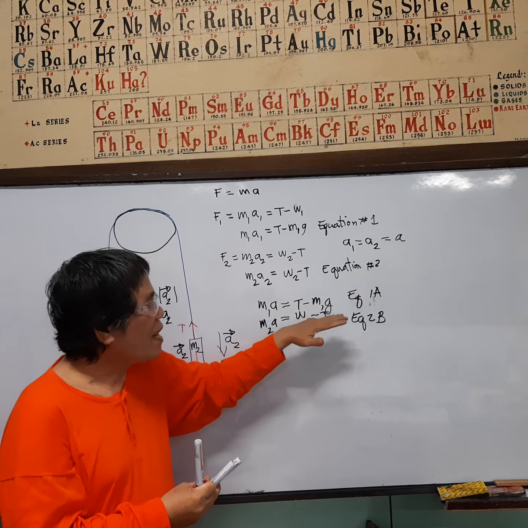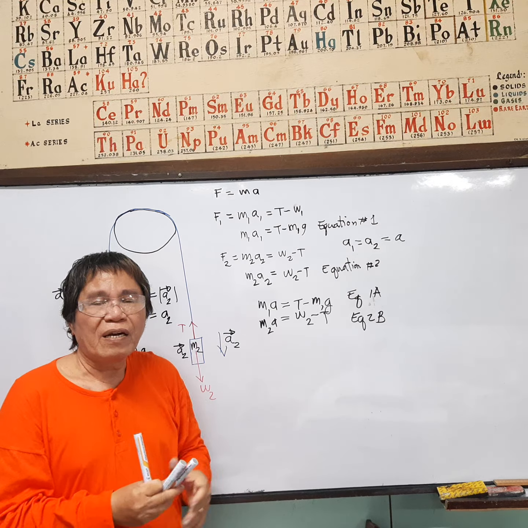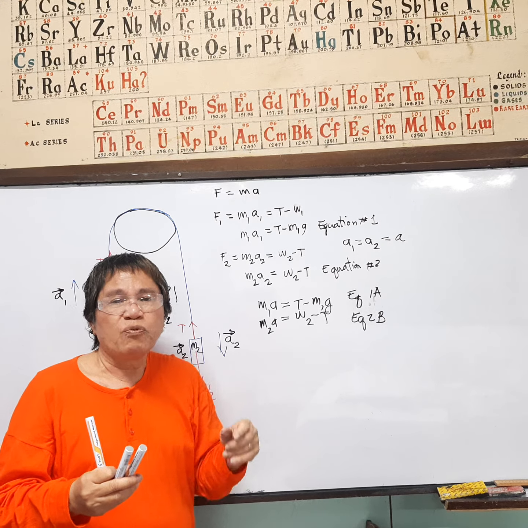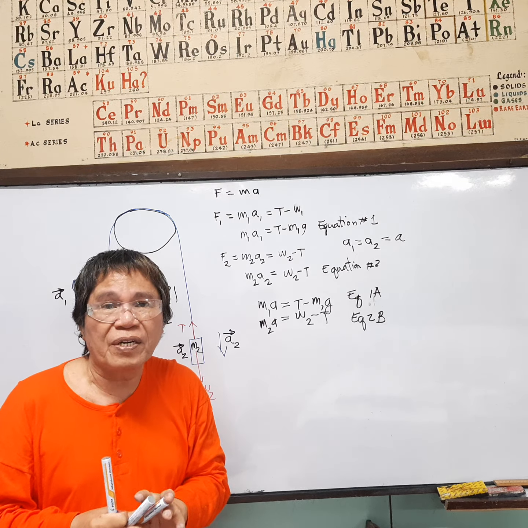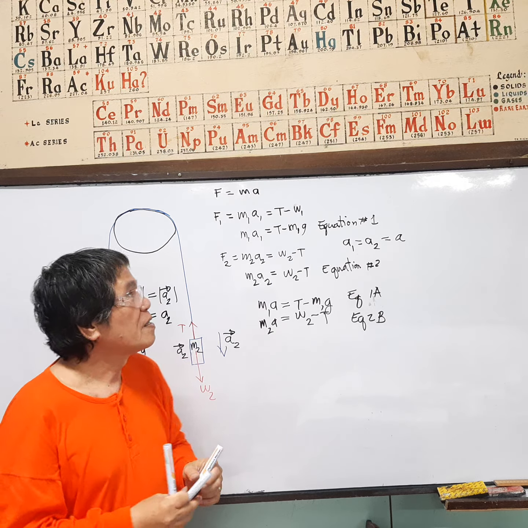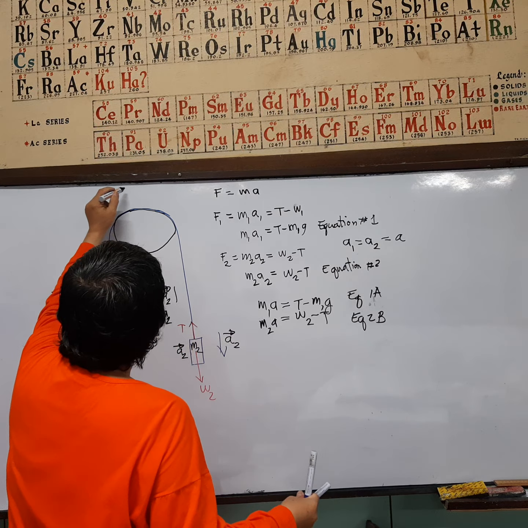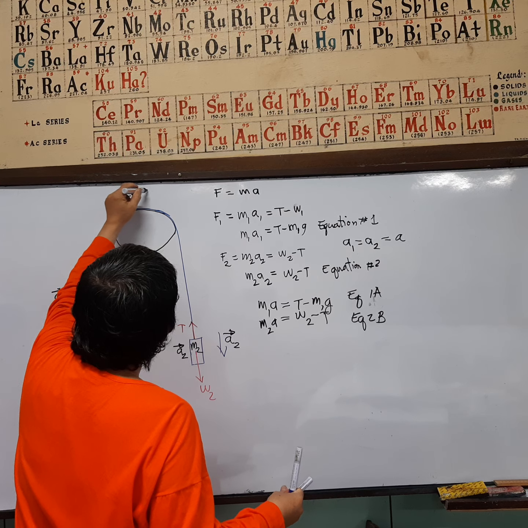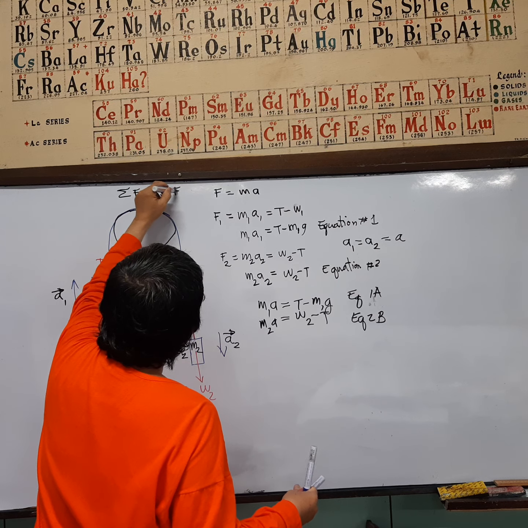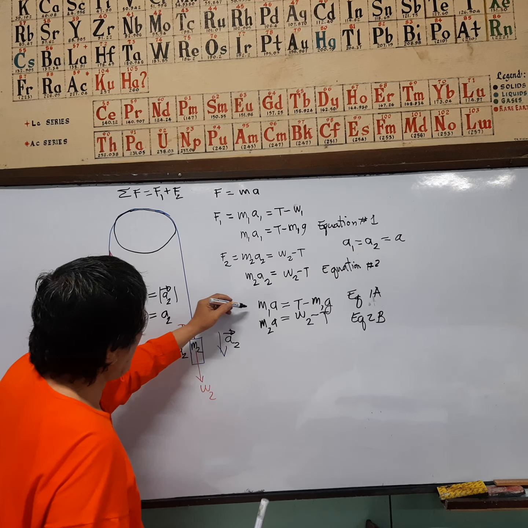Next, we are going to get the summation. We sum up because there are forces, and usually if we would like to get the resultant force, we sum up all the forces, the summation of forces. Summation of forces is equal to F1 plus F2.